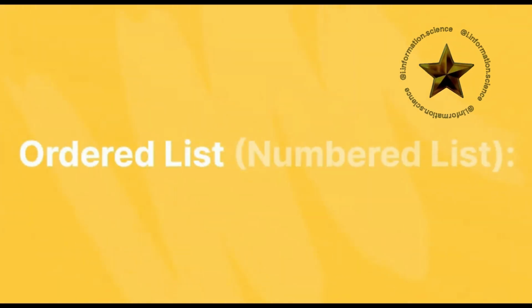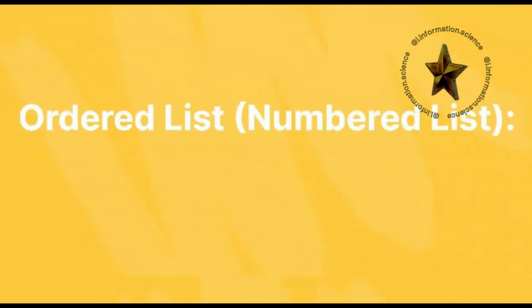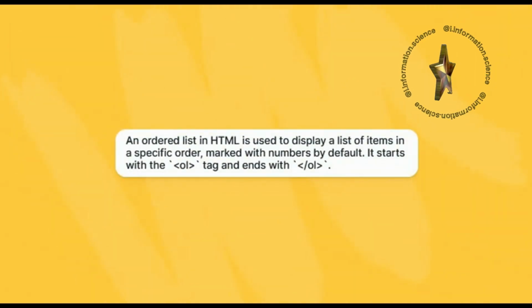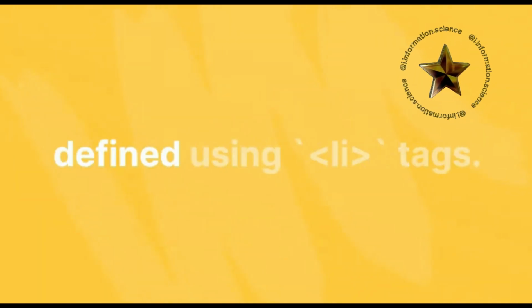Ordered list, numbered list. An ordered list in HTML is used to display a list of items in a specific order, marked with numbers by default. It starts with the OL tag and ends with OL. Each item in the list is defined using li tags.